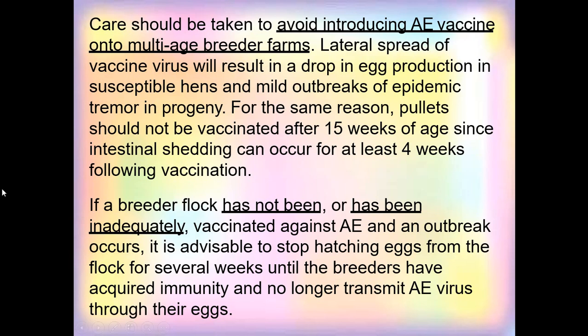Therefore, the chickens should be vaccinated before 15 weeks of age, so it's around 13 or 14 weeks. It must be done to prevent shedding of the virus for at least 4 weeks following vaccination.